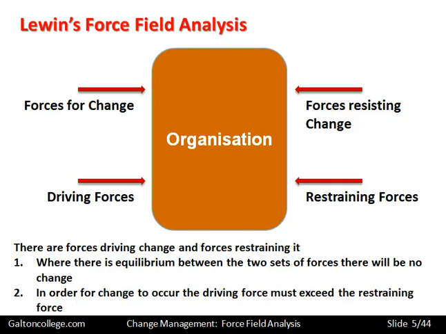In order for change to occur, the driving force must exceed the restraining force. So this seems to be broadly based on Newtonian physics. But the idea here is that if the forces for change are very powerful, then the change will happen. There will still be resistance to change, but if the forces for change overpower the resistance to change, the change will take place.